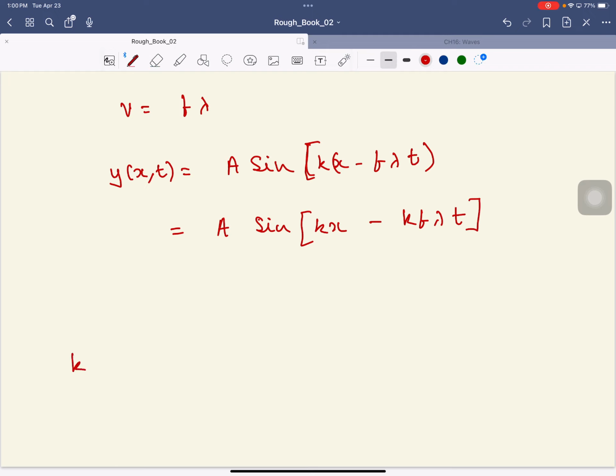But k is 2 pi by lambda. This lambda cancels, 2 pi f is omega. So this is equal to A sine kx minus omega t.